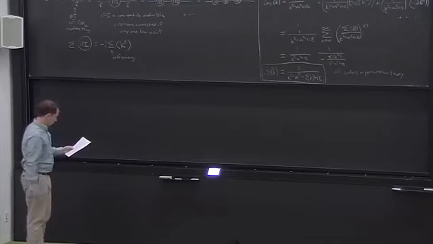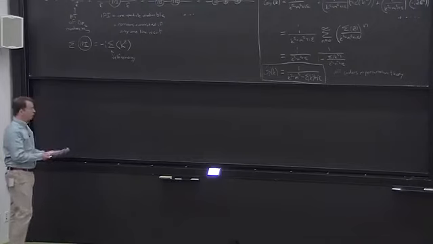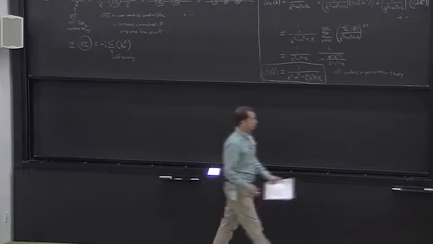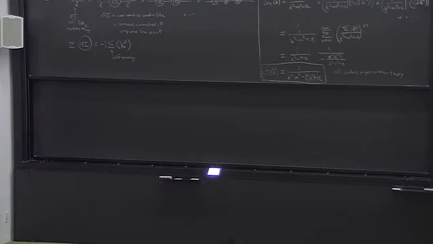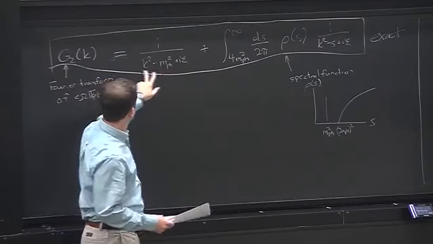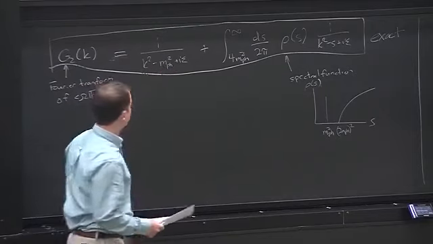Okay. So if we compare our two results, we notice that the Källén-Lehmann result tells us that our propagator should have a pole at k squared equals m squared.